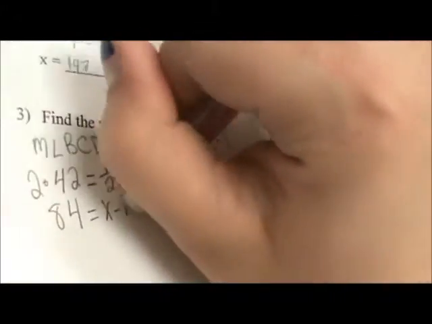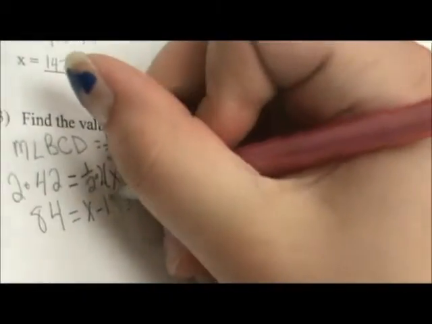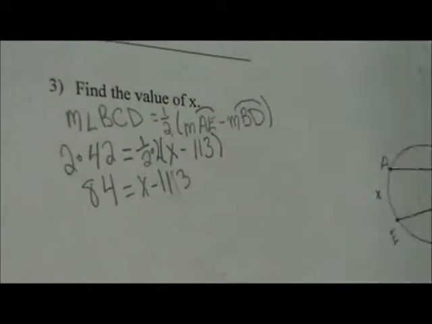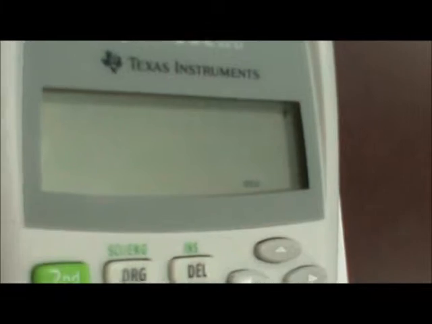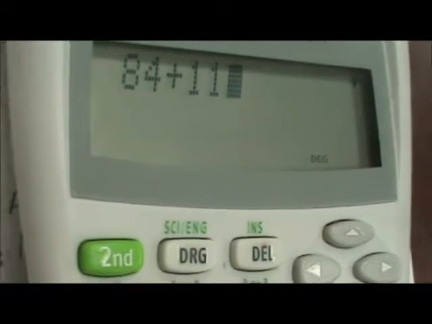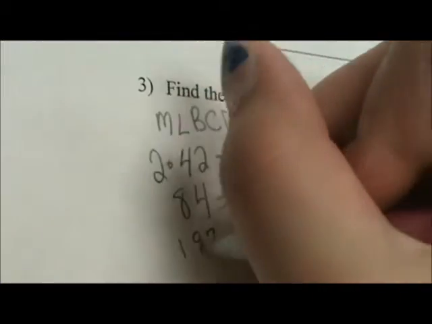And then when you add 113 to the other side, you will get 113 plus 84. So x is equal to 197. So your answer is 197 equals x.